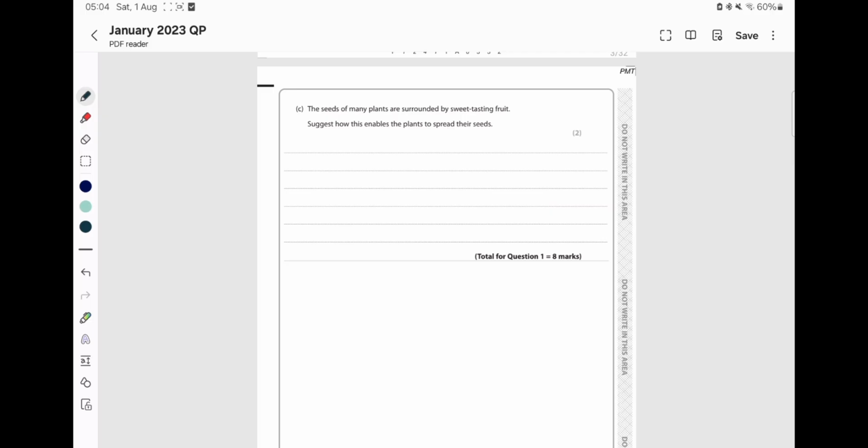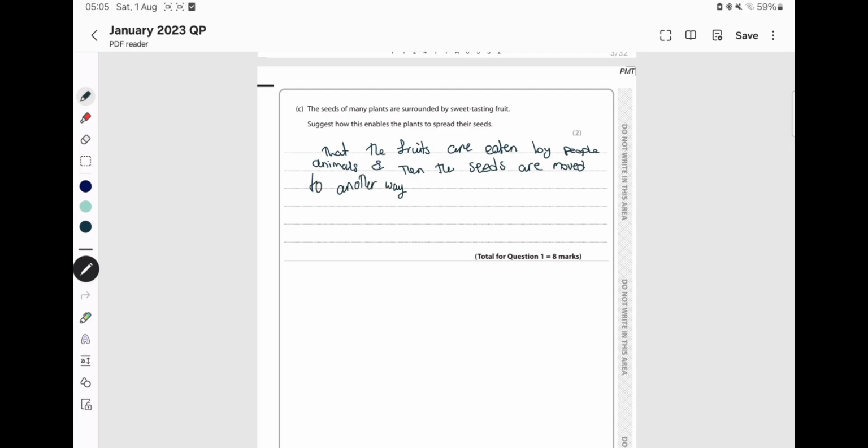So our answer here is going to be that the fruits are eaten by people, animals, and then the seeds are moved to another area. As we just said, they're thrown away or they're released in feces.